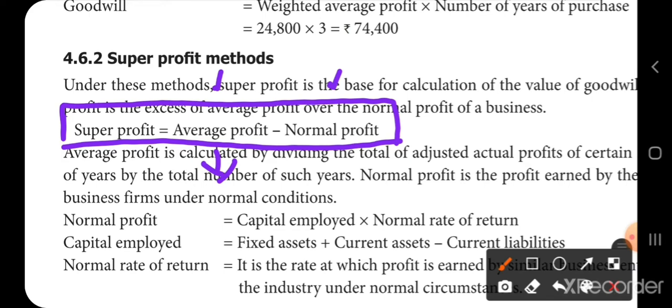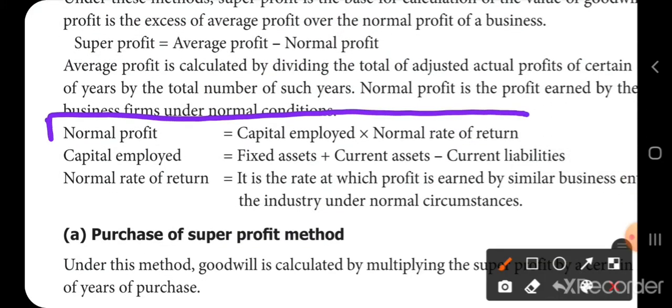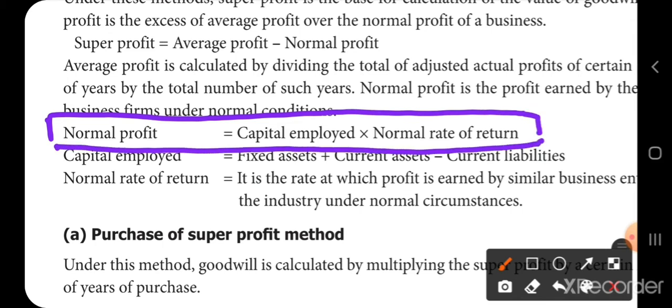Now sometimes the normal profits will not be given in the problem. So you have to apply the formula. Normal profits will be capital employed into normal rate of return. Now this normal rate of return is the rate, percentage.